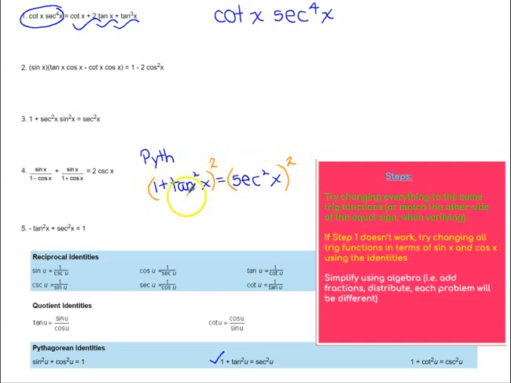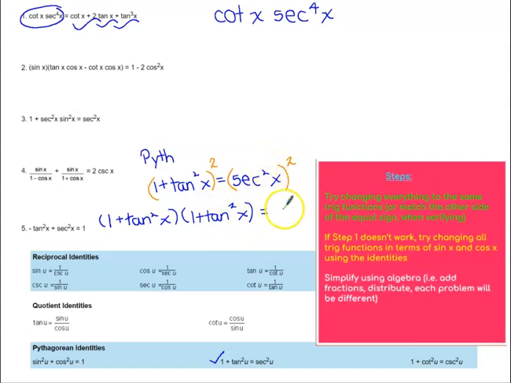Now be very careful when you have an expression, meaning anything with a plus or minus, because in this case, you're going to take the literal definition of an exponent and multiply 1 plus tangent squared by itself twice. And here, since there's only one term, you can just square it.